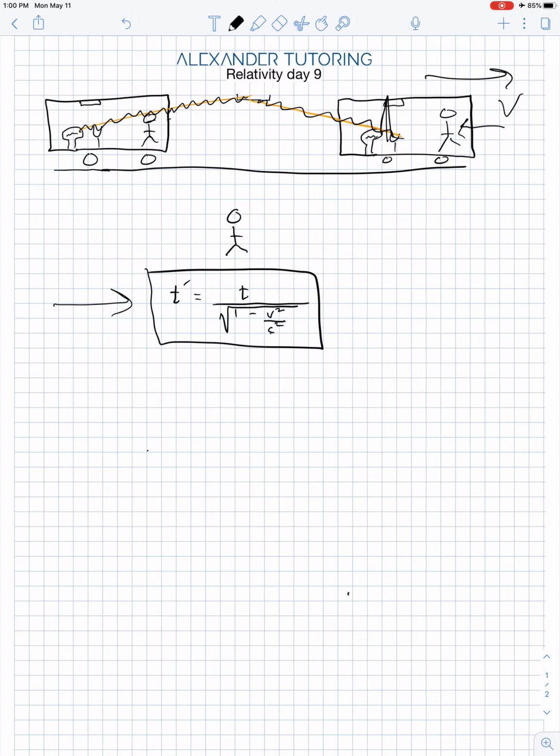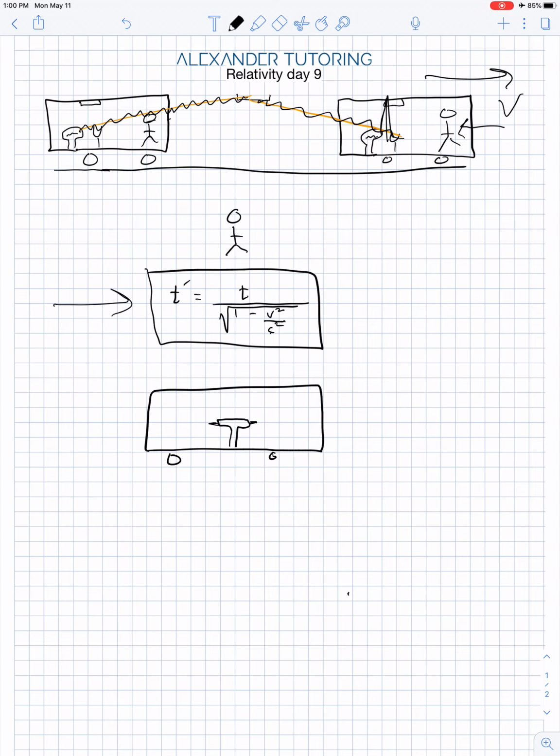So check this out. Let's start with the guy inside the train, and always and forever, he doesn't know he's moving, so everything should go down like it would anywhere else. In the middle we have basically a little laser that can shoot light in both directions at the same time.